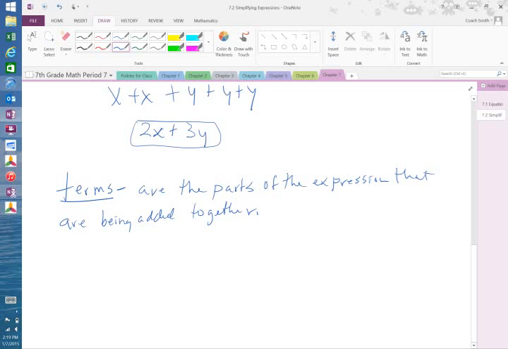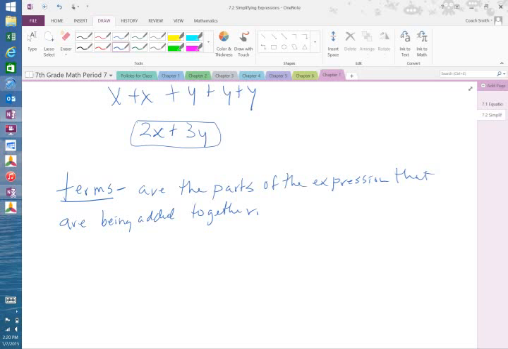Okay, now, we have said in Chapter 6 that you can change subtraction to what? Addition. Okay, so realistically, anything that I add or subtract together is a term.